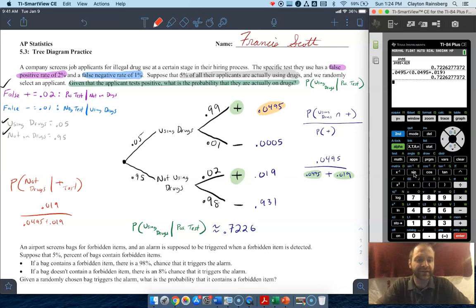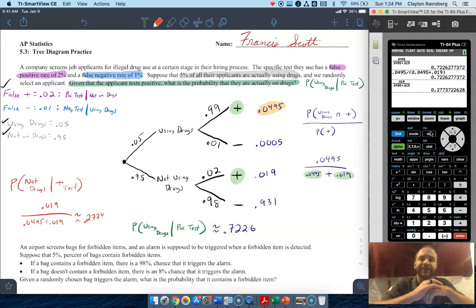Now, this is interesting, so I'm just going to copy and paste. I'm going to grab this and change the top to 0.019, and let's see what we get. We get approximately 0.2774.